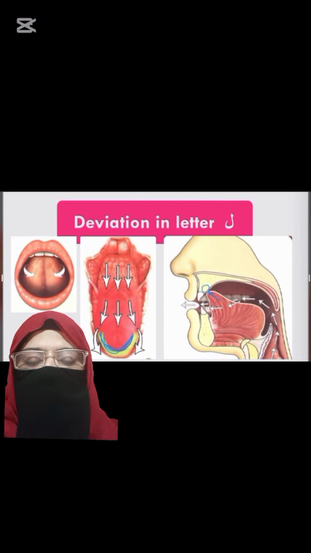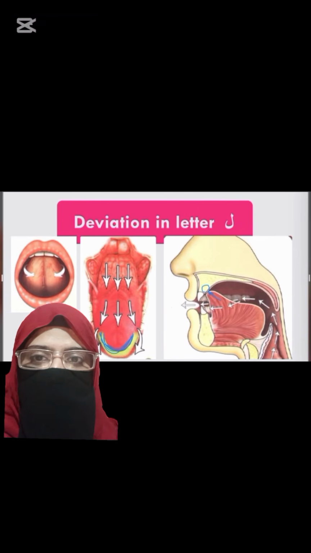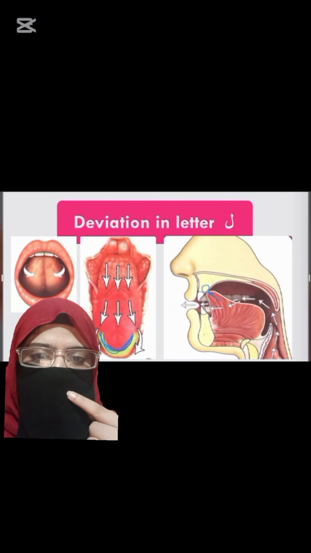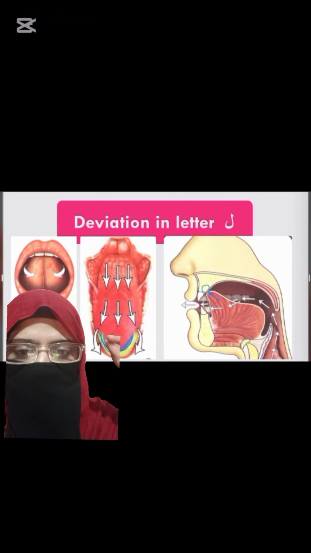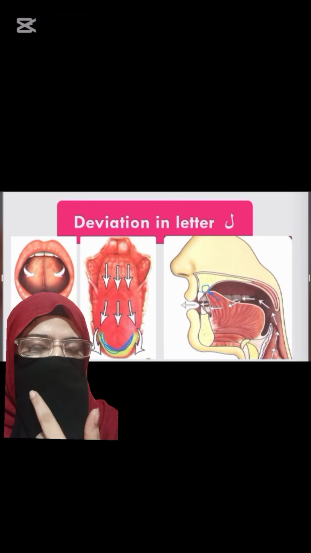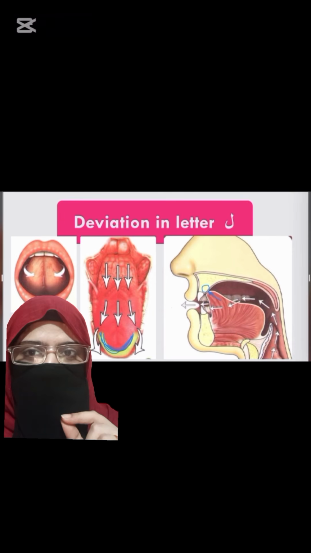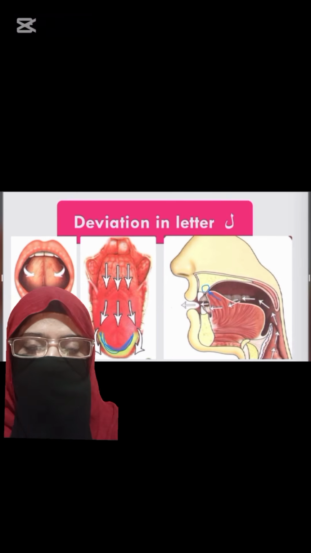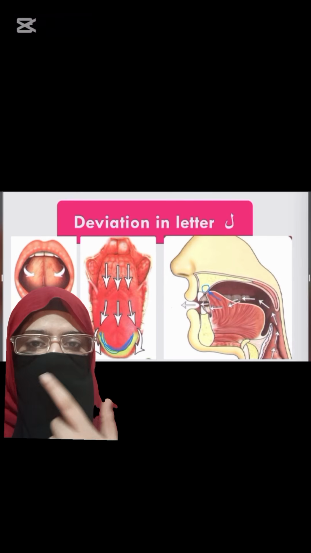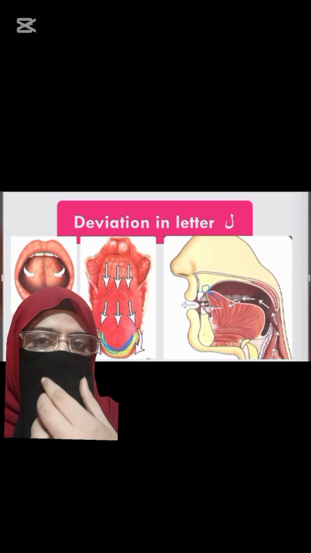Part one is al-inhiraf with lam. Let's begin with the letter lam. The articulation point of lam is connected to the front edges of the tongue. If you look at the tongue, the tip of the front edges comes to connect with the upper front gum area, near the upper front teeth.